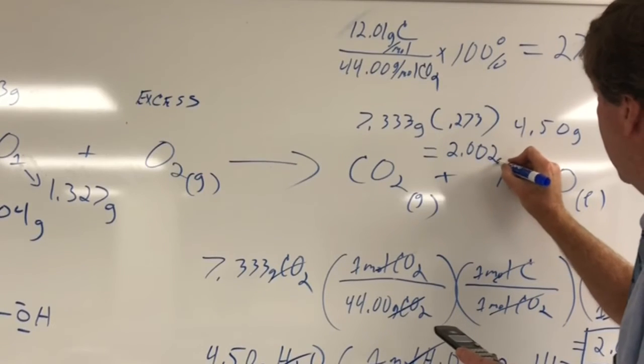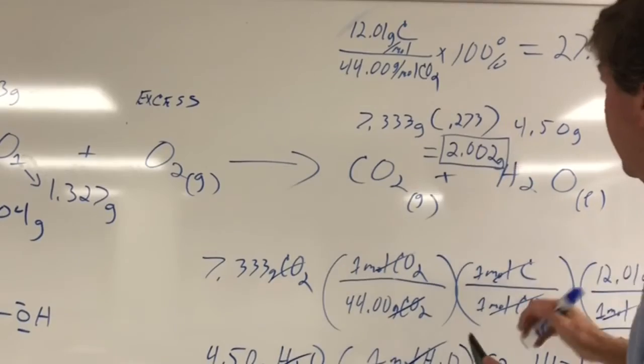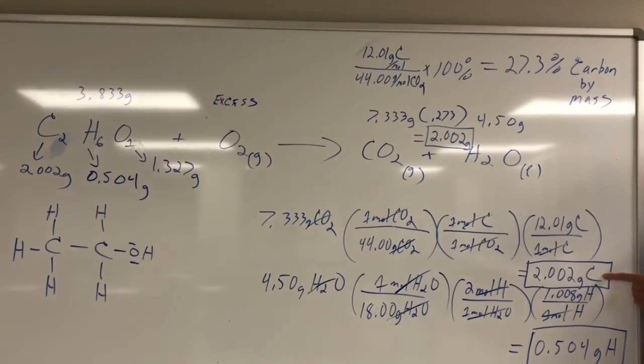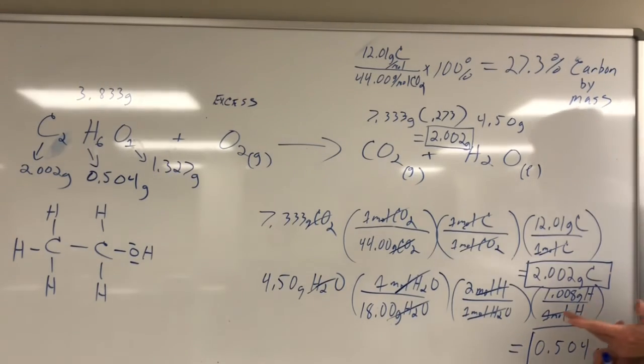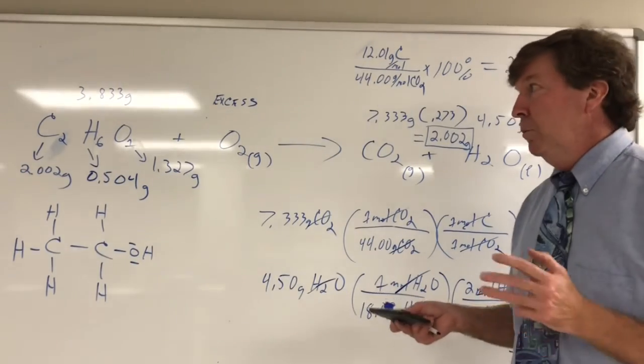Look at this. There's my grams of carbon in carbon dioxide, and here was my alternative method to figuring that out. So I thought that might be useful. Take your pick in terms of which you'd rather do.